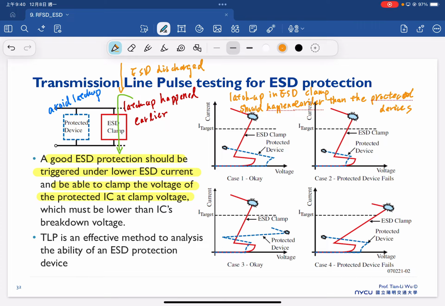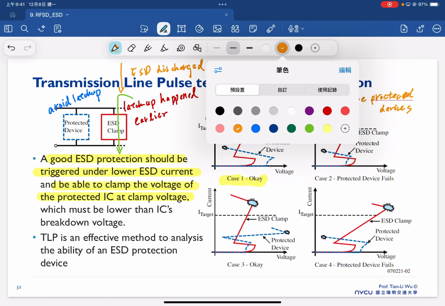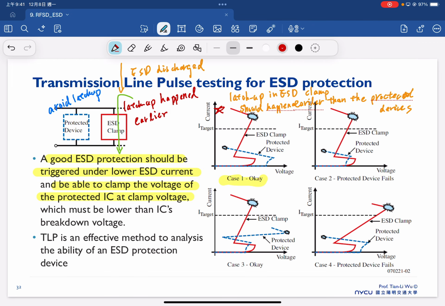So that's a typical idea of how we do the ESD protection. And there are several different cases here, especially the first one is okay. That means this is one that makes sure our main device won't suffer the ESD failures.